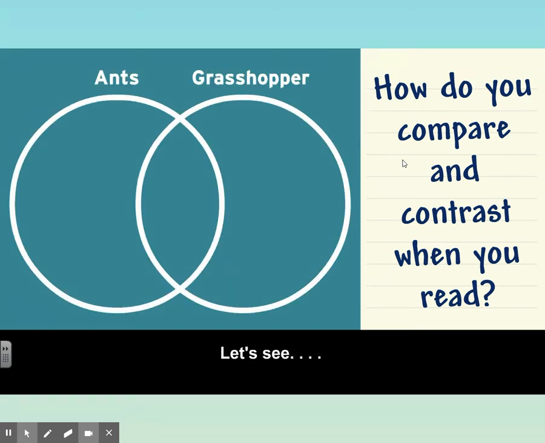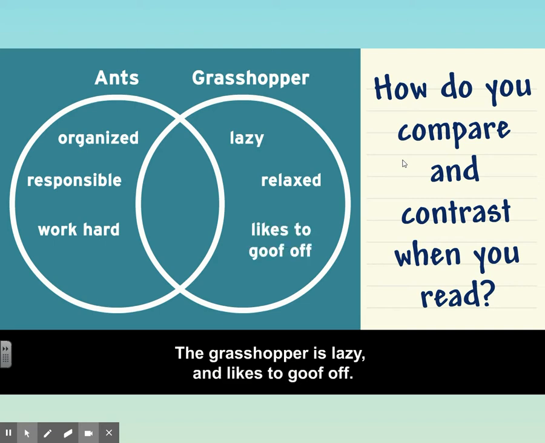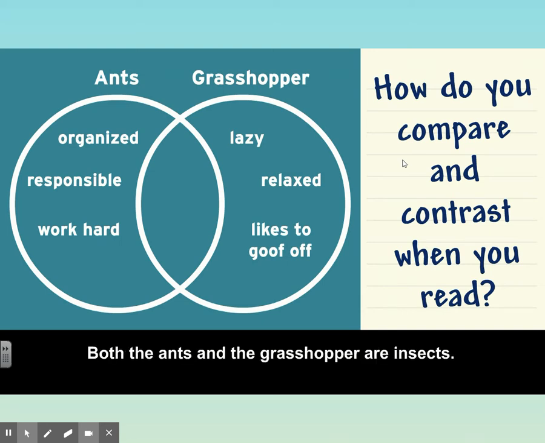Let's see. The ants are organized, responsible, and they work hard. The grasshopper is lazy, relaxed, and likes to goof off. You write how the characters are alike in the spot where the circles overlap. Both the ants and the grasshopper are insects.